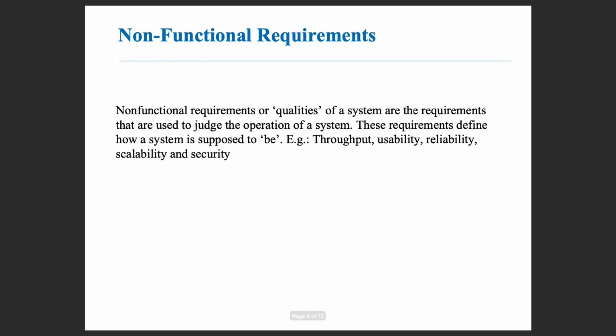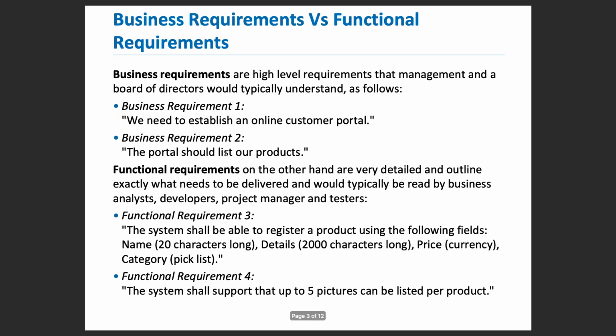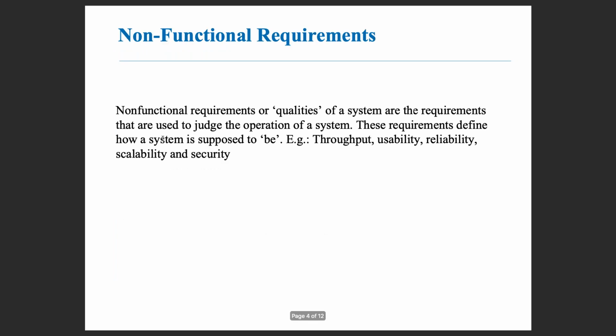So moving to the next slide. Again, we talked about business and functional requirements, but we didn't talk about non-functional requirements. Non-functional requirements are qualities of a system, as mentioned. They are not actually doing anything functionally, right?